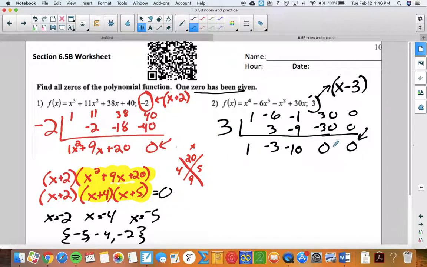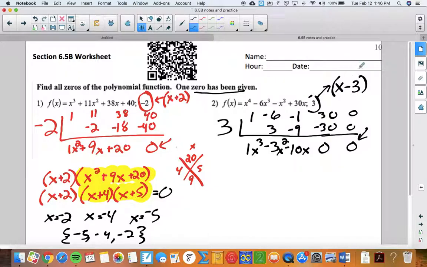So then, what's my remaining polynomial? Well, this becomes the constant. The next term is the x. It's a -10x. The next term is the x squared. It's a -3x squared. And then the next degree up from that would be x to the third, actually. Crazy.